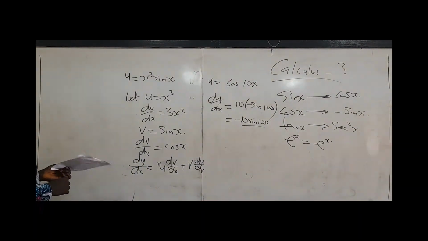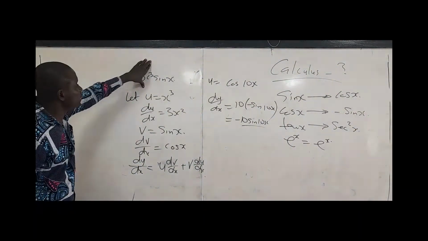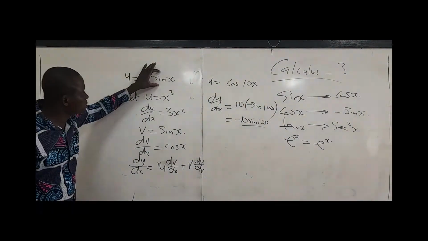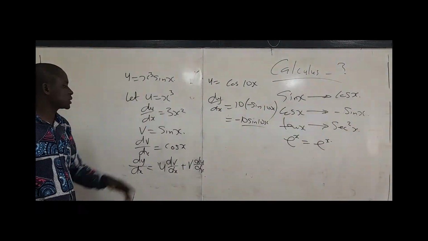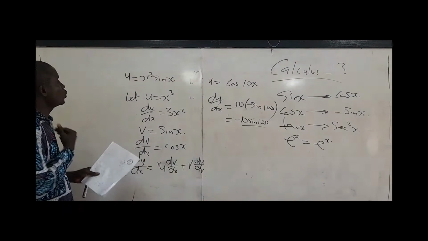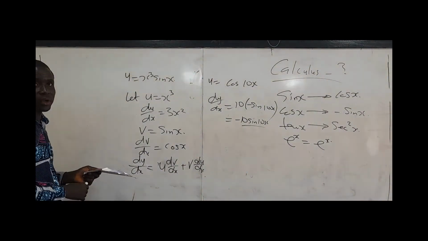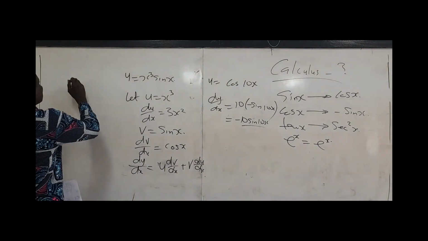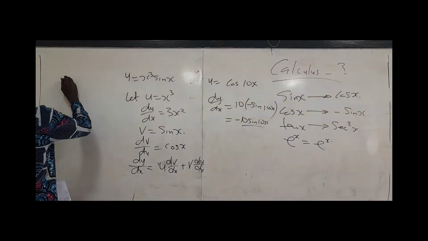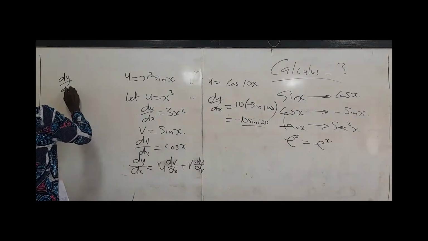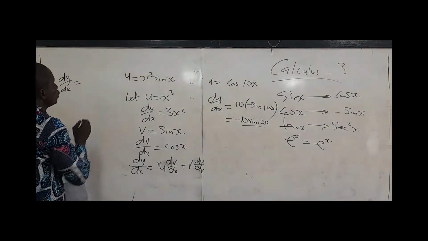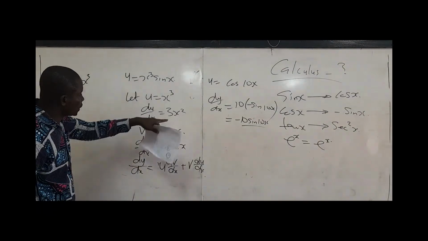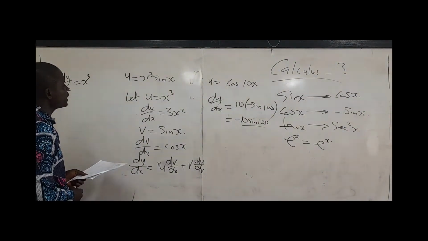Do you remember? When we are dealing with the product rule, this is one function, this is another function. So u is equal to this, du/dx is equal to this, v is equal to this one, dv/dx is equal to this. Now you are slotting them in. So dy/dx is equal to, your u is x cubed.